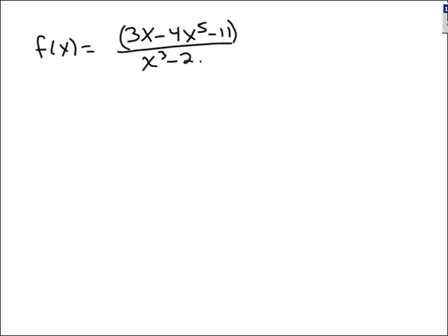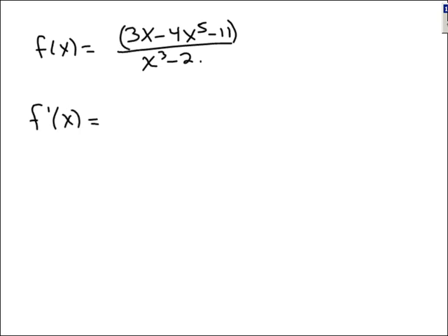Suppose I tell you that f of x is equal to 3x minus 4x to the 5th minus 11, and all of this is over x cubed minus 2. You want to find the derivative. Okay.